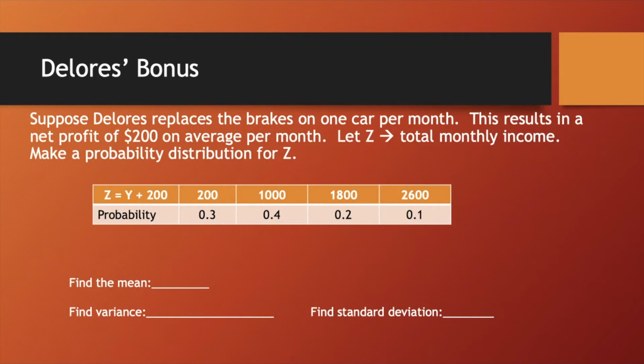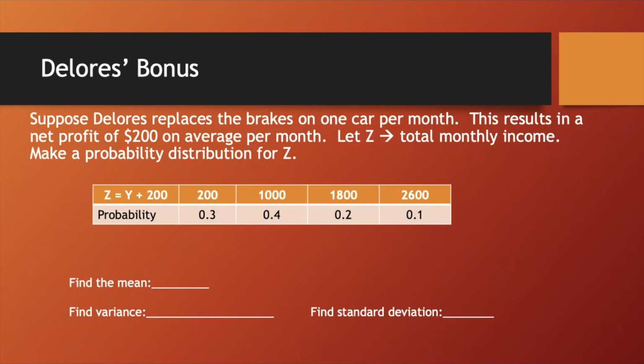So instead of $0 for selling 0 cars, she still gets $200 for doing the brakes on a car. Then she gets 1,000 now instead of 800, and 1,800, 2,600. So I added $200 to each of the values from y.